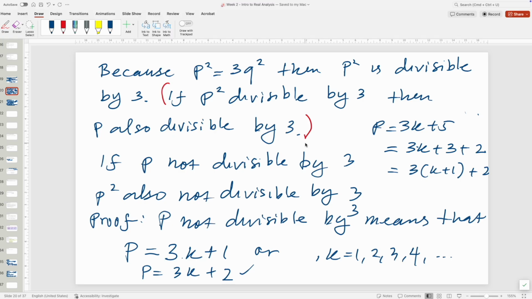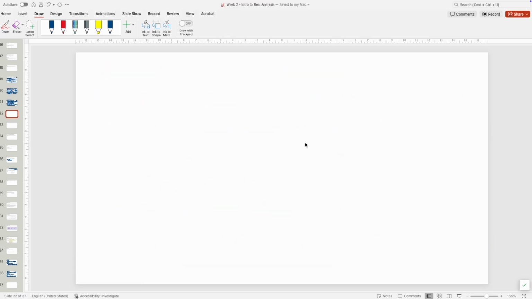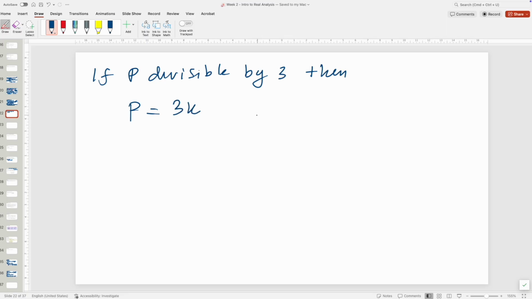So, if p is divisible by 3, I can write p as what? Then, I can write p as 3k, right?